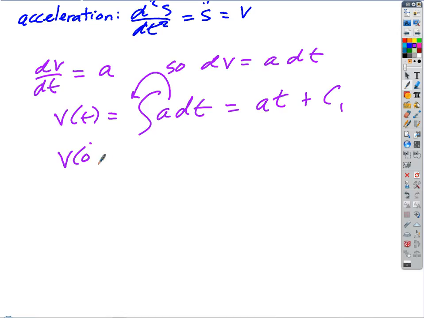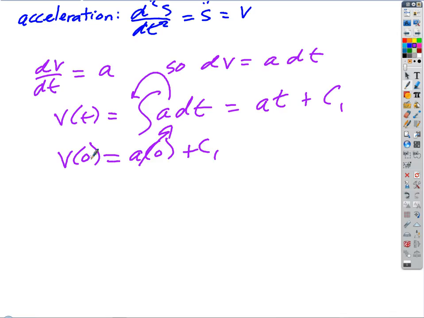So v of 0 then would equal a times 0 plus c naught. That term goes away, doesn't it? And what's the meaning of that constant then? Yeah, so the constant really does mean something. It's the initial velocity, whatever that might be, right?